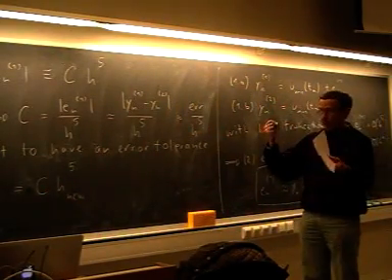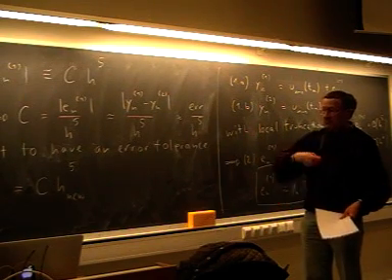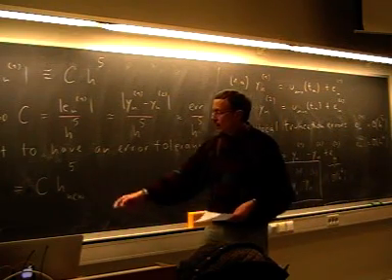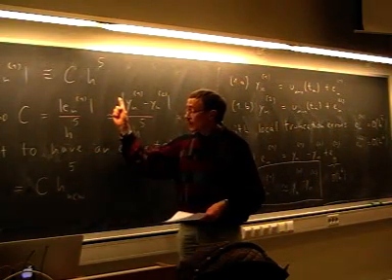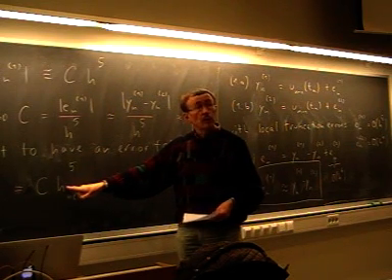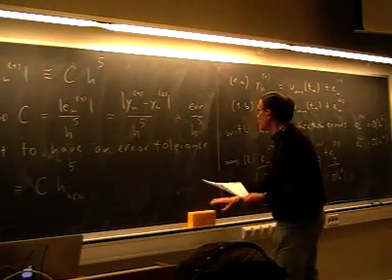We give the tolerance, we say we want this accuracy 10 to the minus 8 or whatever we like, and then we have the C by that, and then we see what is the h nu that will give us this error tolerance.